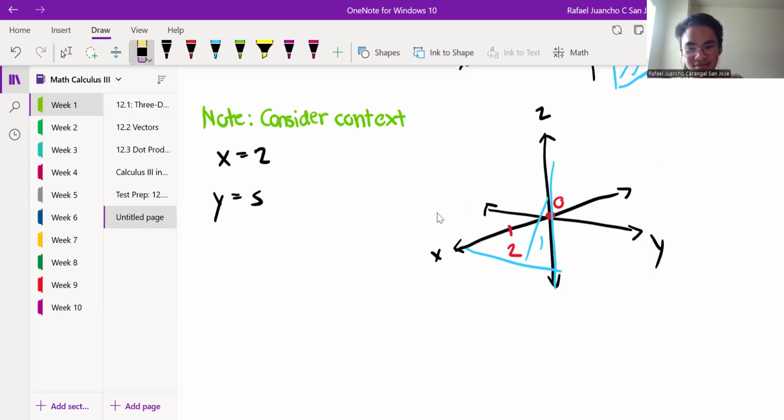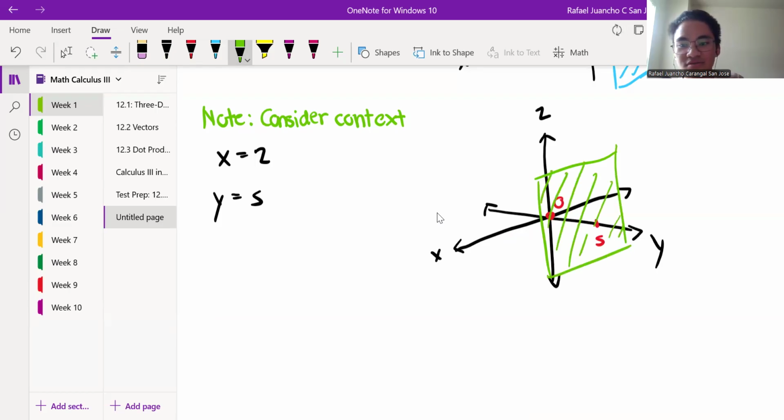And then y equals 5. Make it green. y equals 5 is, I don't know, probably somewhere here. Oh, I covered it. So this is the set of all the ordered triples as long as y equals 5.